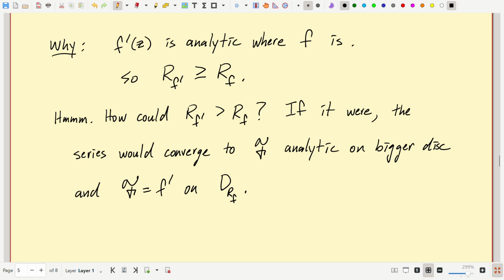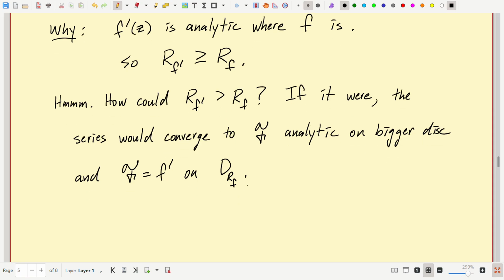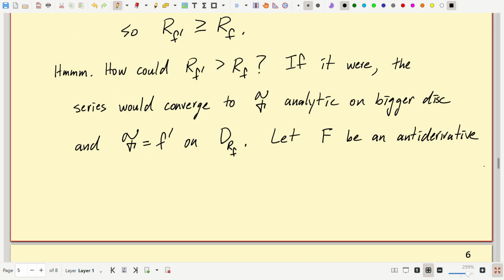Okay. And now we take an antiderivative. This is kind of dope. I'm getting carried away maybe. Let capital F be an antiderivative of screwy f on that bigger disk.